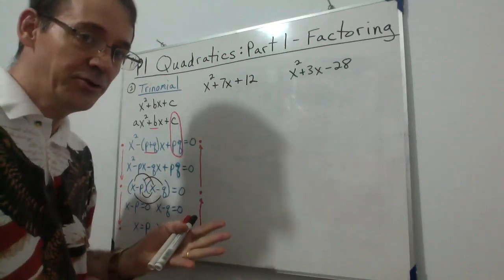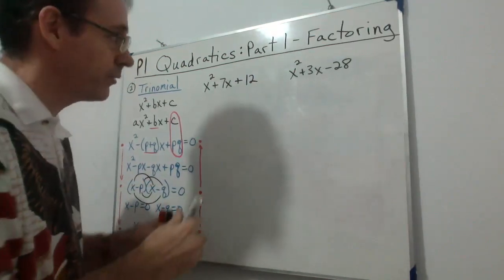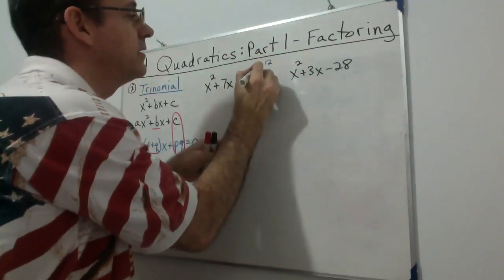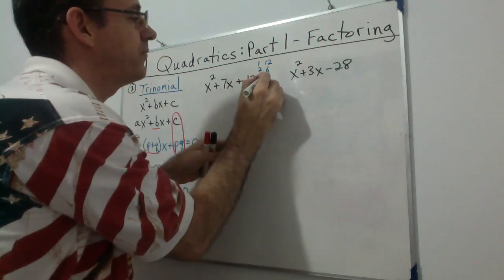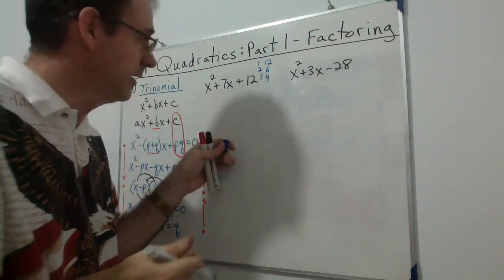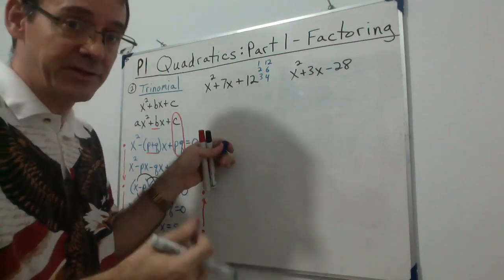Because these are factors of that, we just factor 12. So I make a list: 1 and 12, 2 and 6, 3 and 4. I just make the whole list right here on the side so I can see them. However many the list is, some lists are small, some longer, depending on the number.